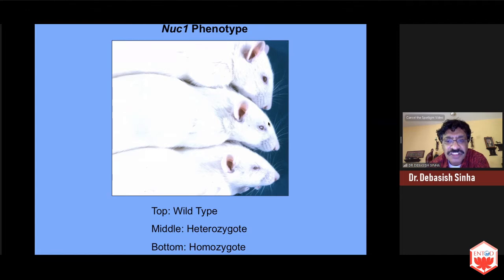Then in the middle, these are heterozygotes which have nuclear cataract. And that's why we call it Nuc1, because that's where initially we got these rats. And then through breeding strategies, we got the homozygotes which have microphthalmia, as you can see here.